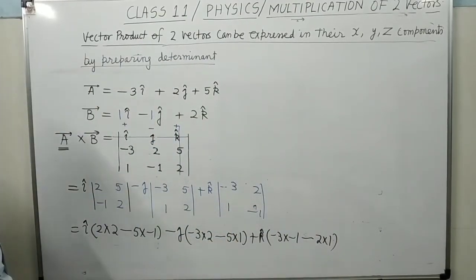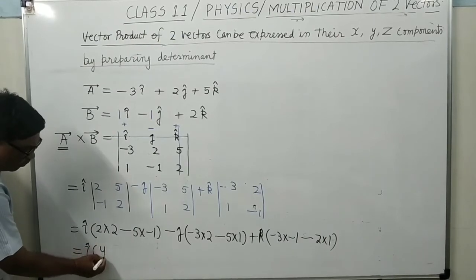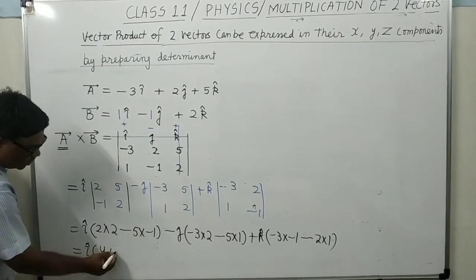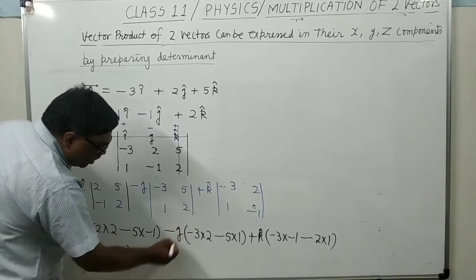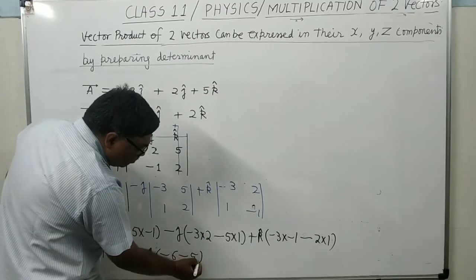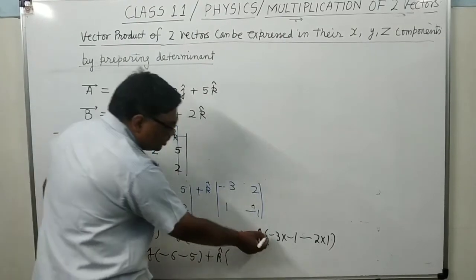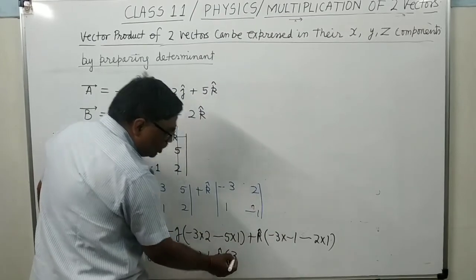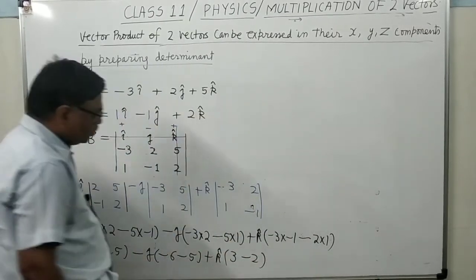So when you simplify, it will be equal to unit vector i times 2 into 2, which is 4, minus minus 5, plus, it is 9. Minus j times minus 6 minus 5. Plus k times: minus 3 into minus 1 is 3, and minus 2 into 1 is minus 2.